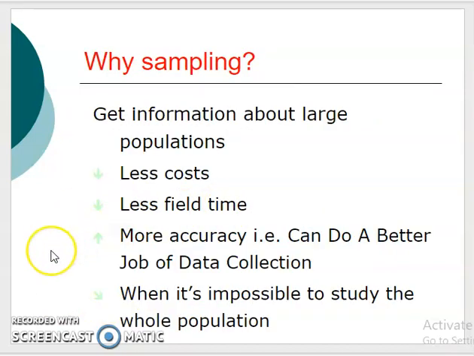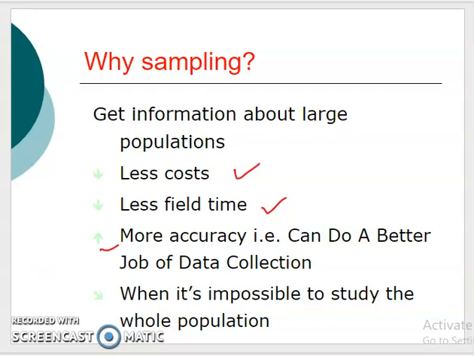Next, why sampling? Why are we taking particular samples in order to determine the value? It will be very difficult if you take the whole population under consideration. So in order to make our study easy, we are taking samples from a particular population. It will require less cost for the study, less field time, and there will be more accuracy. And when it is impossible to study the whole population, we will just take a sample.